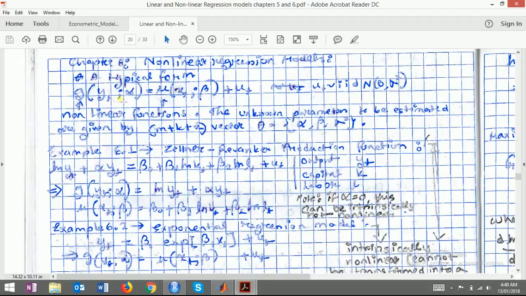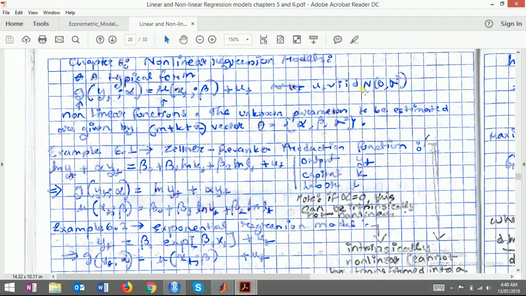On the left hand side you have a nonlinear function g(yt, alpha), which is equal to mu(xt, beta) plus ut. The left side represents the dependent variable function, while the right represents the independent variable function, and ut is the residual, which is IID N(0, sigma squared), meaning independent and identically distributed with zero mean and sigma squared variance.